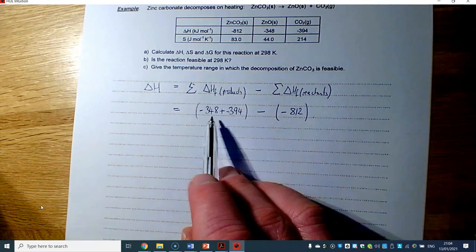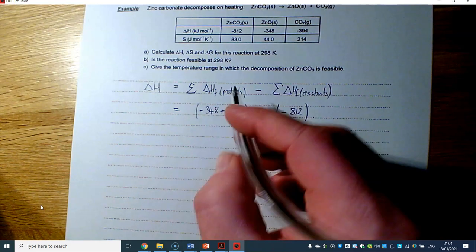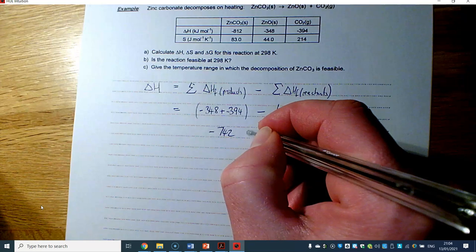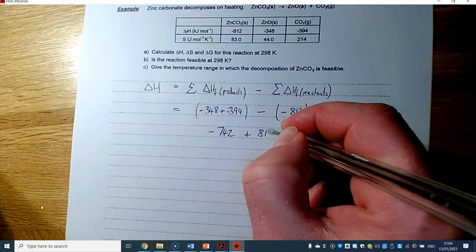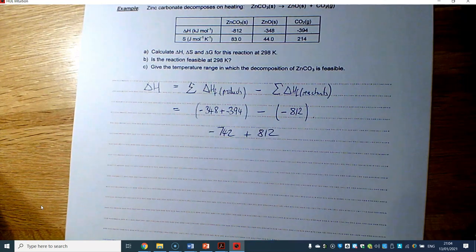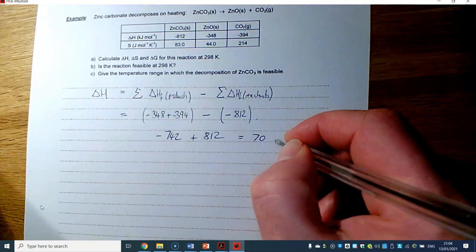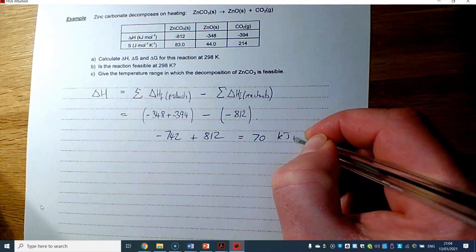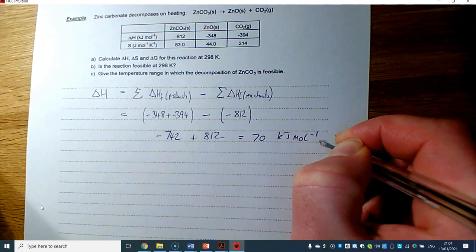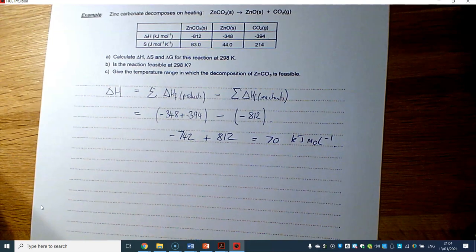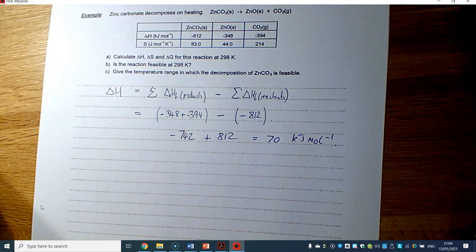And I make what's in that bracket there minus 742, and then we've got to add to it 812, which comes to 70 kilojoules per mole. I don't want to see anyone writing numbers without writing what the units are with them. So that's how to calculate delta H for that reaction.